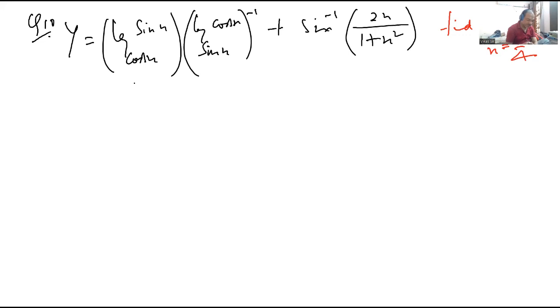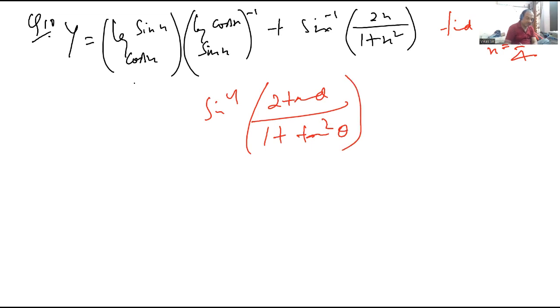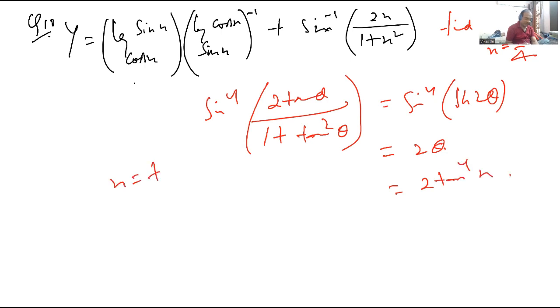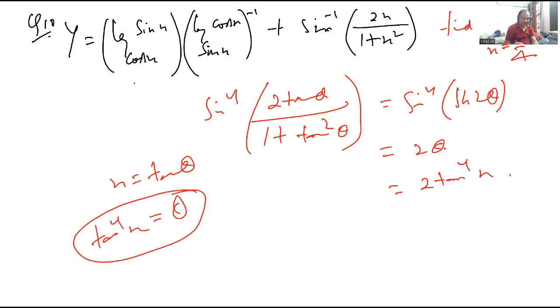So what it means is that I can write 2 tan theta over 1 plus tan square theta, which will be equals to sine inverse sine 2 theta. Furthermore, sine inverse sine 2 theta is equals to 2 theta. And this 2 theta can be written as 2 tan inverse x. Why so? Because I have put x is equals to tan theta, and therefore theta is equals to tan inverse x. Okay, all the things is clear to you.